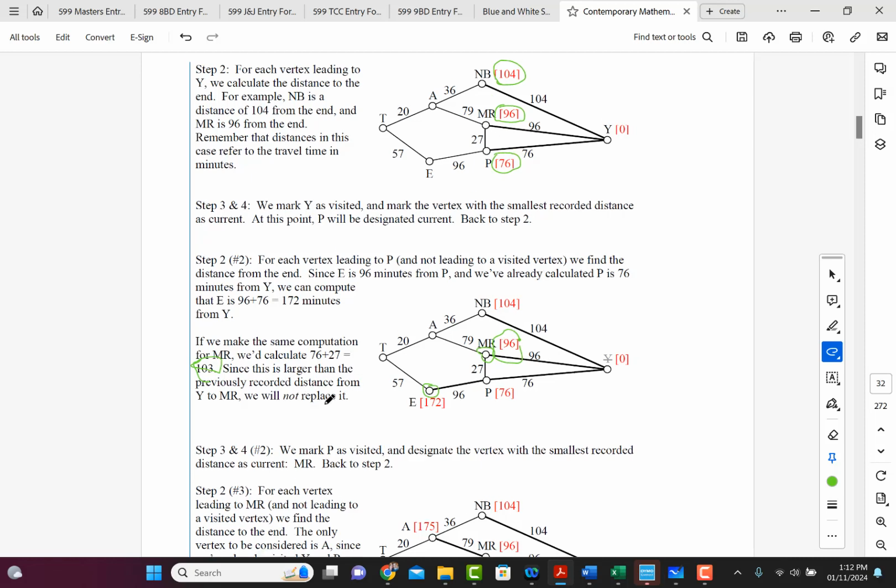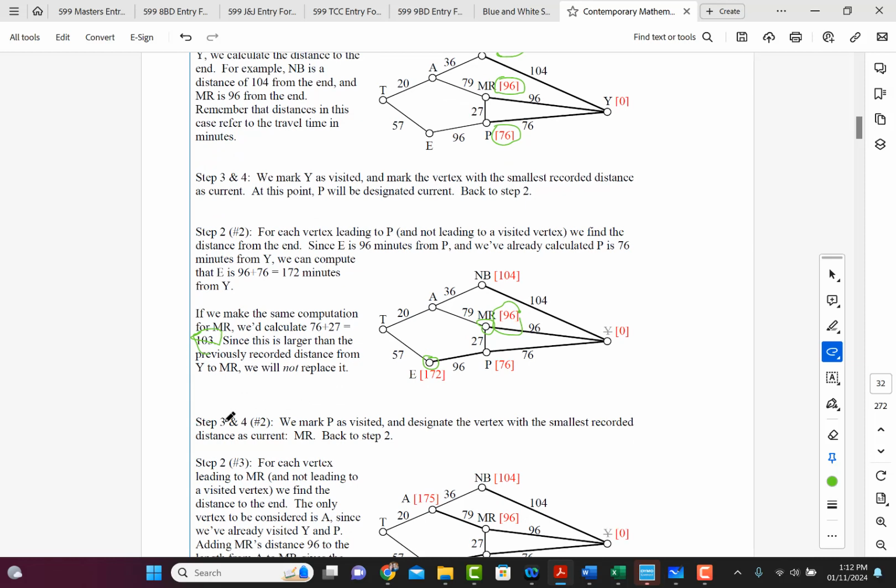Then steps 3 and 4, we mark P as visited. And now we designate the vertex with the smallest recorded distance as current.